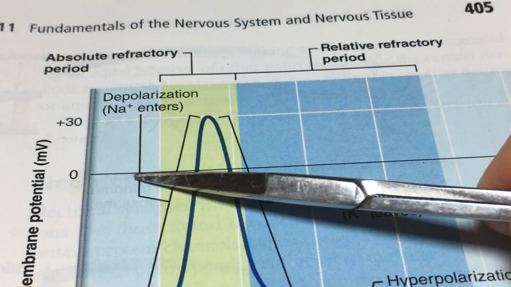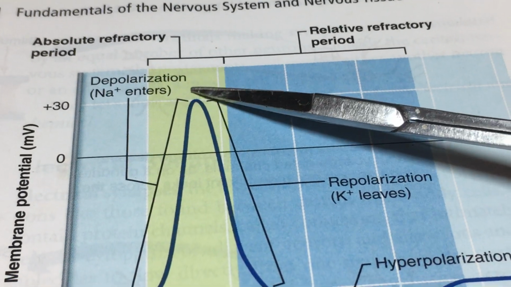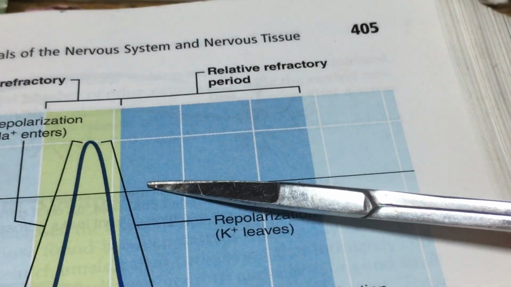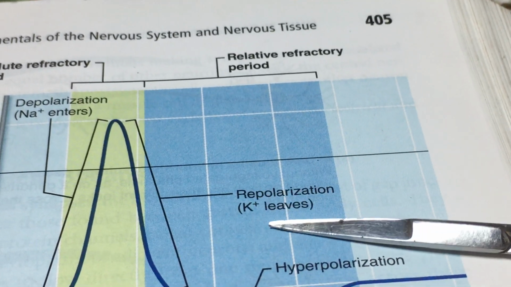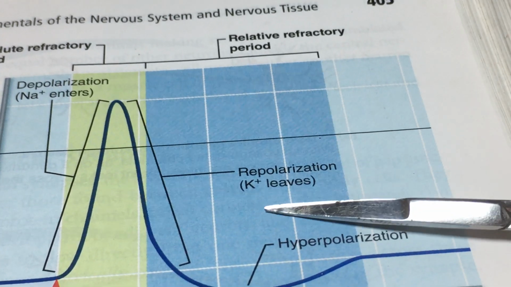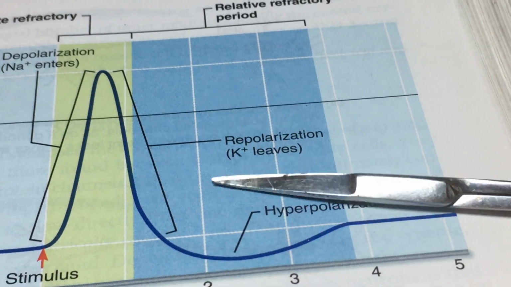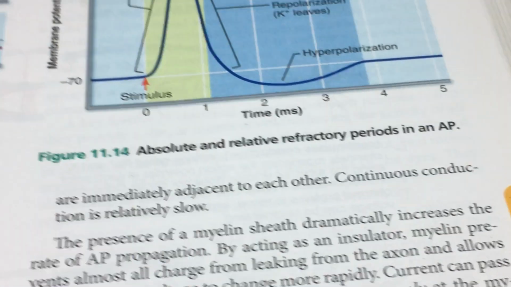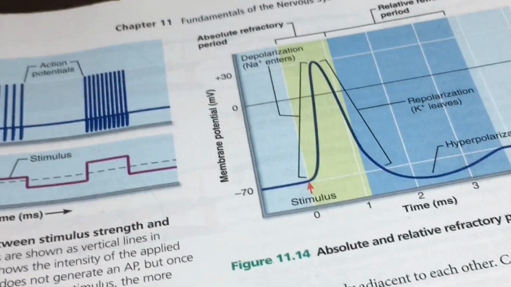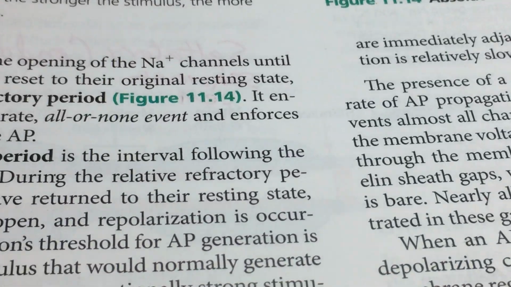This is complete refractory, or they're calling it absolute refractory. And this is relative or partial refractory. So with a strong enough signal, we could force something to happen in this area. Okay? So absolute and relative refractory periods, just the way you like it.